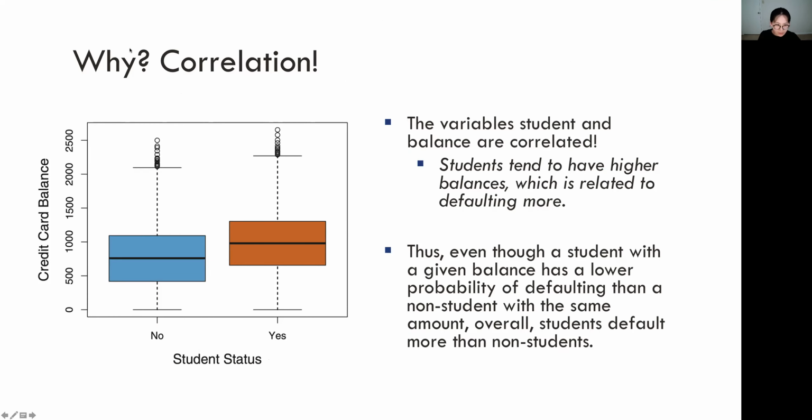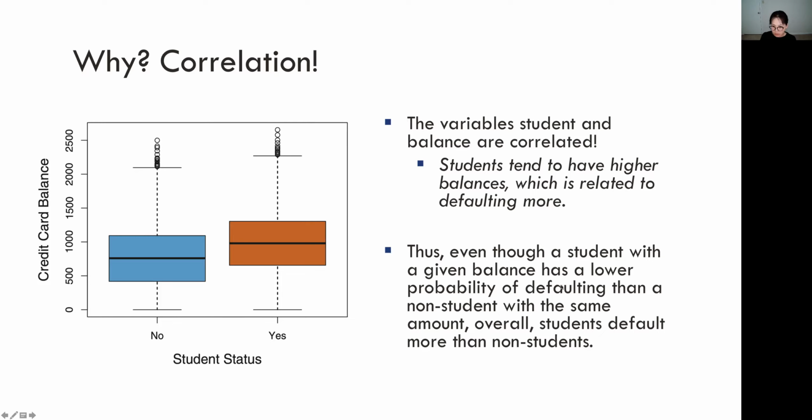So why does this happen? We mentioned this is because of the correlation. If you look at credit card balance versus student status, they are correlated, right? Orange is student. Students tend to have a higher balance, and a higher balance is related to defaulting more than lower balances.